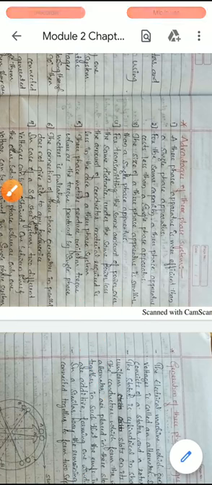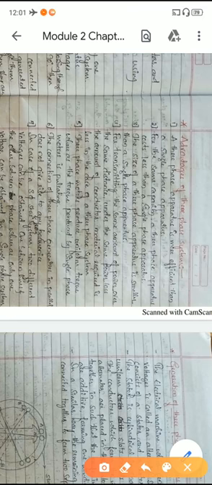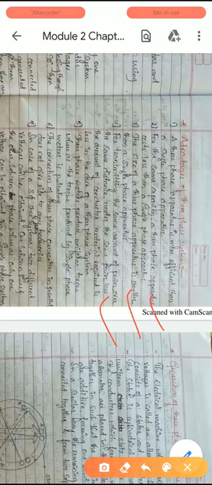Similarly, the fourth one: for transmitting the same amount of power over the same distance under the same power loss, the amount of conductor material required is less in the case of a three-phase system. It has less cost, is smaller in size, and requires less material compared to single phase.